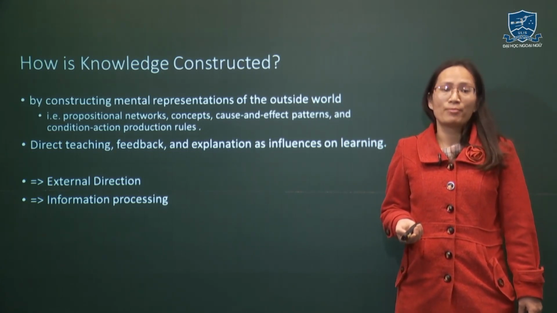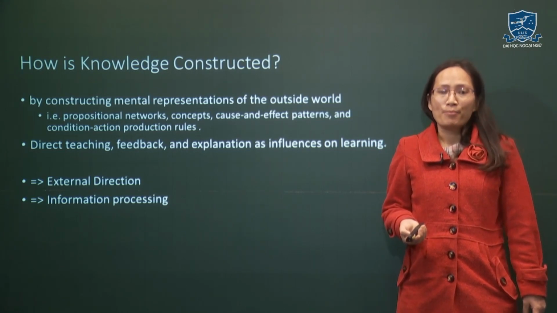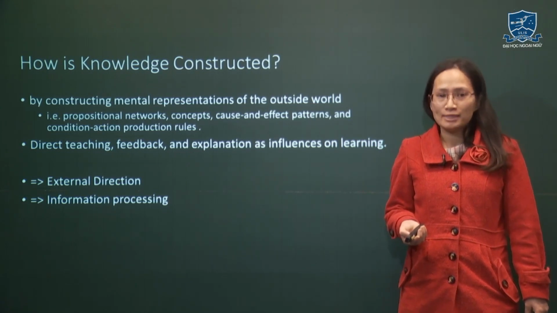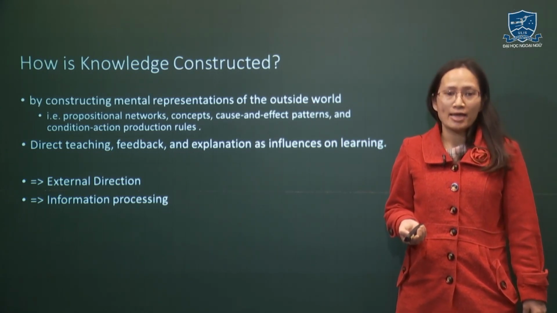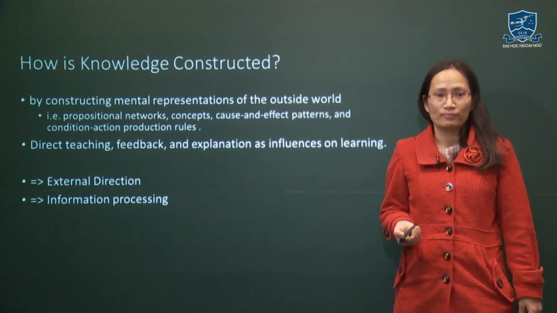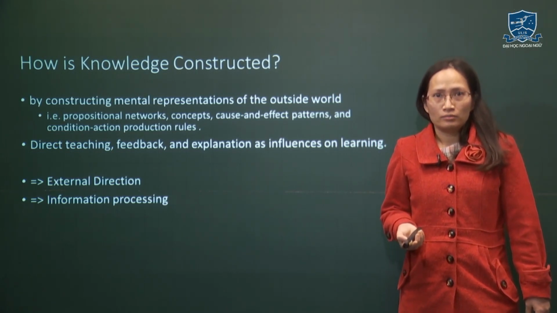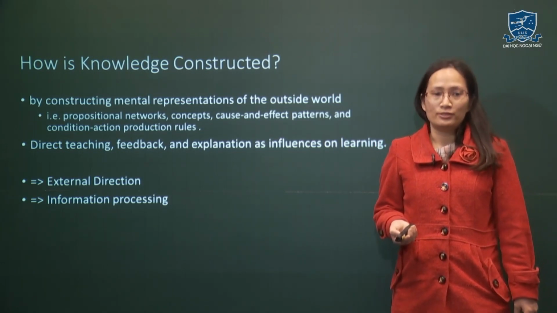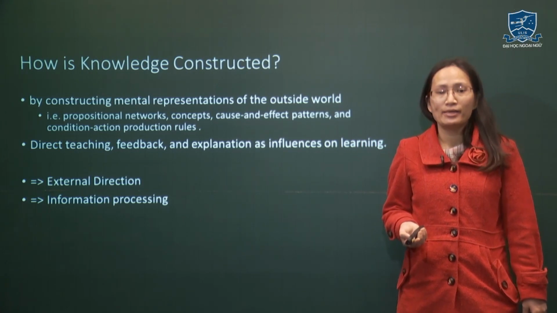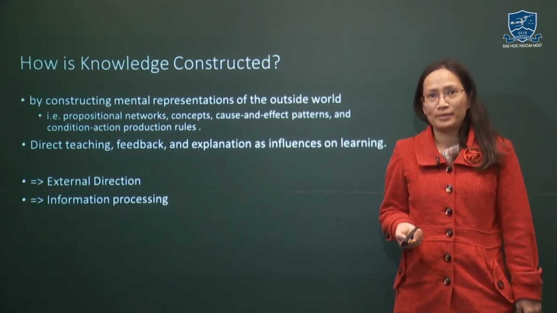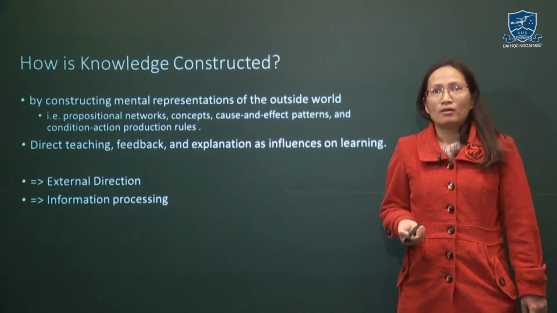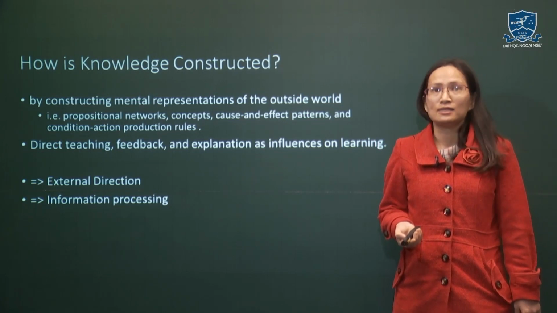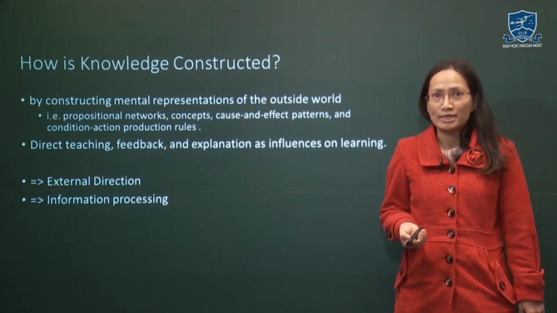The mental representations can be propositional networks, concepts, cause and effect patterns, and condition-action production rules. Learning is viewed to be under the influence of direct teaching, feedback, and explanation. Information processing views are consistent with this way of explanation.